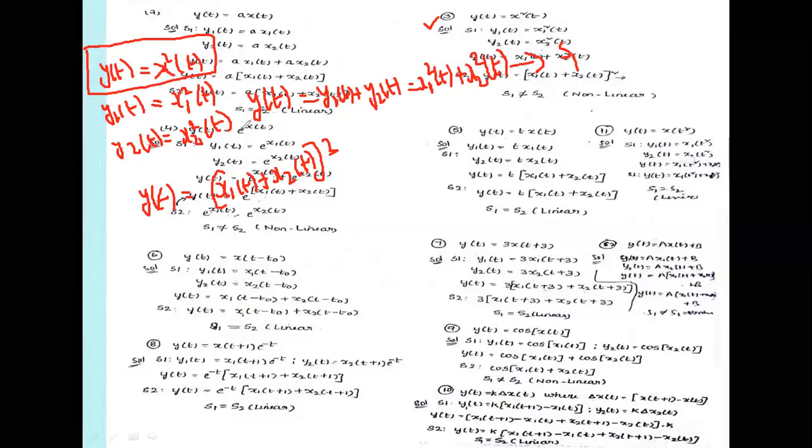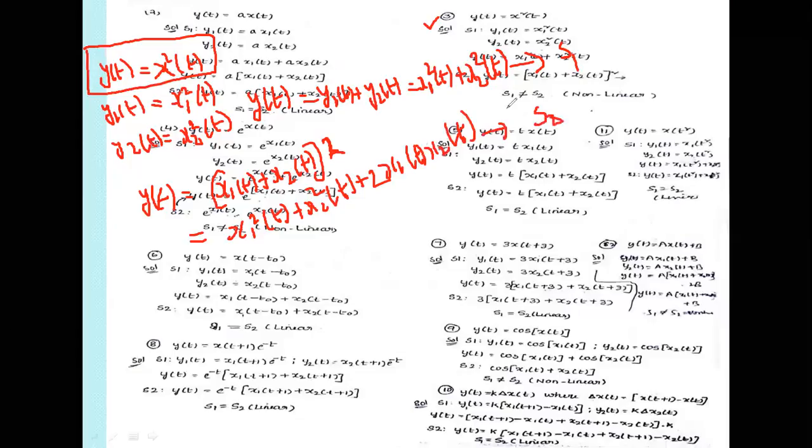So before giving to the system, we are adding the two signals x1 and x2, and we get the response y of t. So now, what does x1 plus x2 whole square mean? x1 square of t plus x2 square of t plus 2 into x1 of t into x2 of t. Okay, now this is S2.